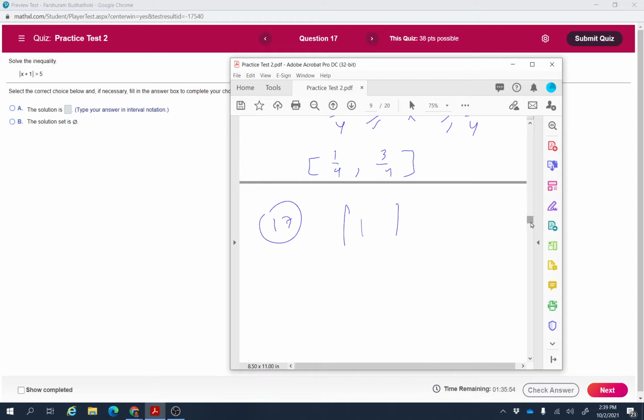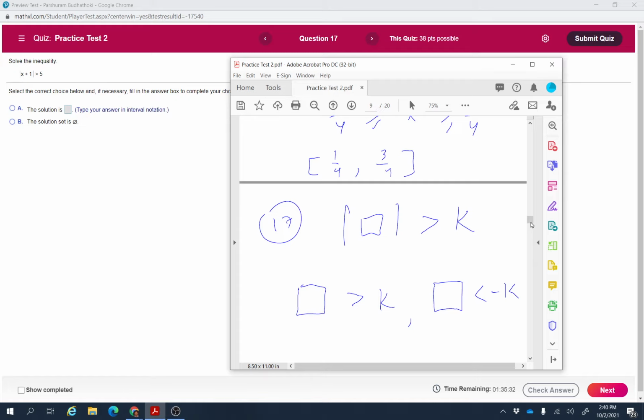Absolute value of something is greater than, let's say, some positive number k. It means that thing inside the absolute value could be greater than k, or that thing inside the absolute value could be less than negative k.